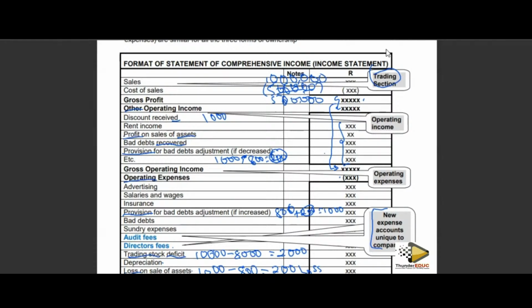Putting it in brackets means that money is going out. Then we subtract it from our income, remember here we added this plus this, then all our income we have is this. Then we subtract off all the expenses, the operating expenses. So this figure we have got is the operating expense. So we get our gross operating income minus operating expenses. Mind you, let me take you down a bit here.